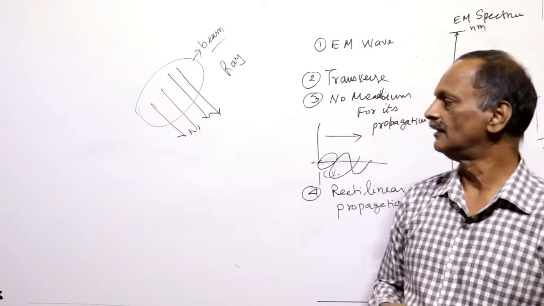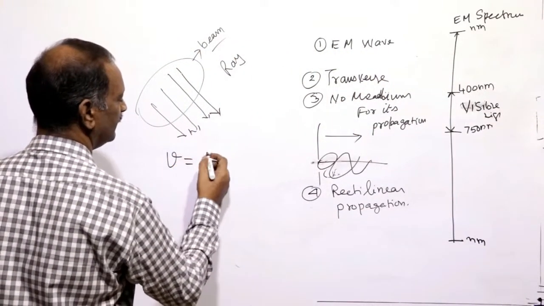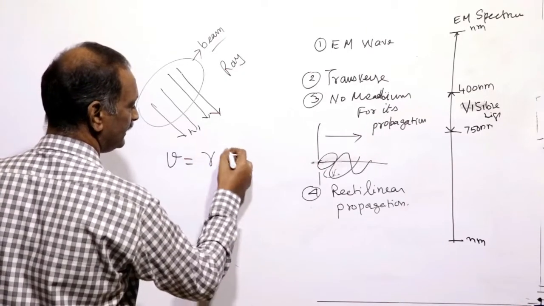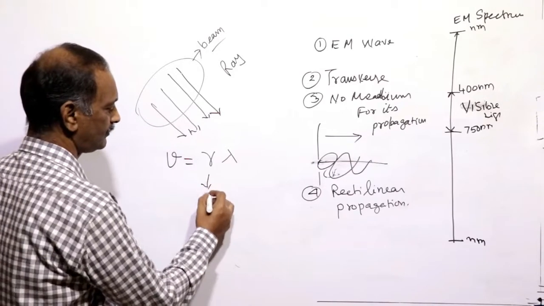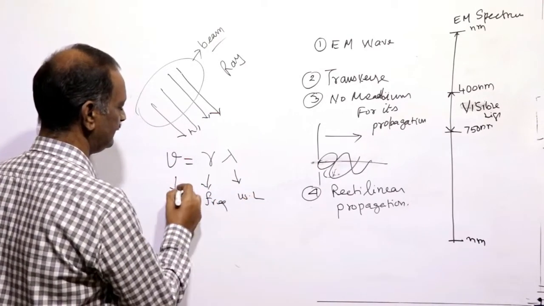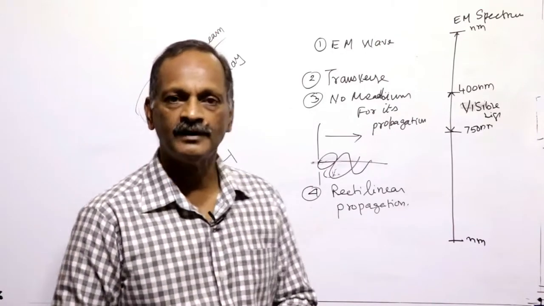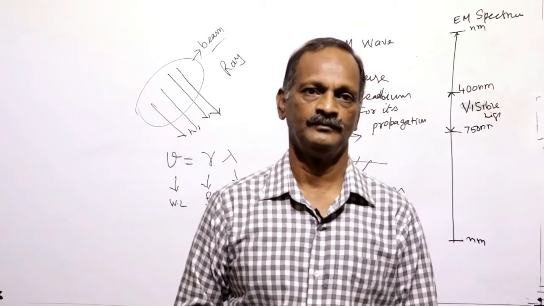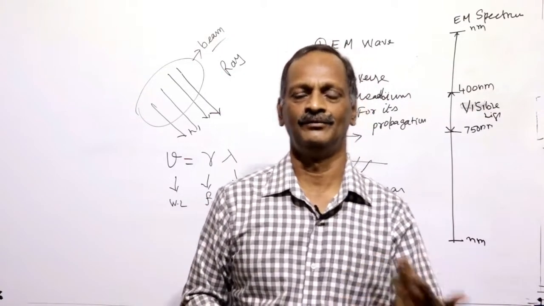And the velocity of light is given by the formula: velocity equals frequency into wavelength, where this is frequency, this is wavelength, and this is the velocity of light in any medium, because light will be traveling in several media: air medium, glass medium, water medium, paraffin wax.